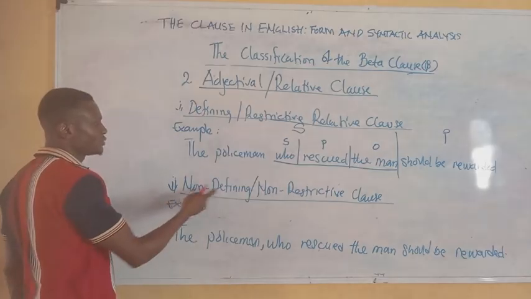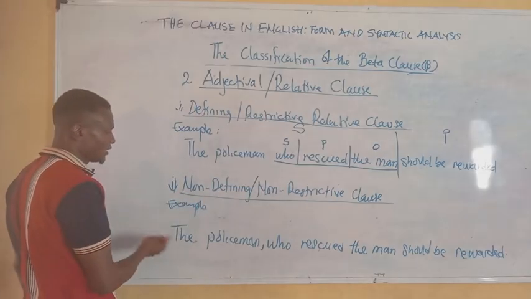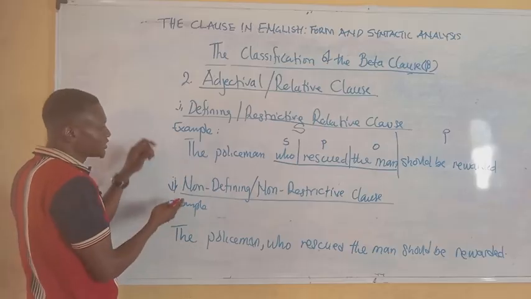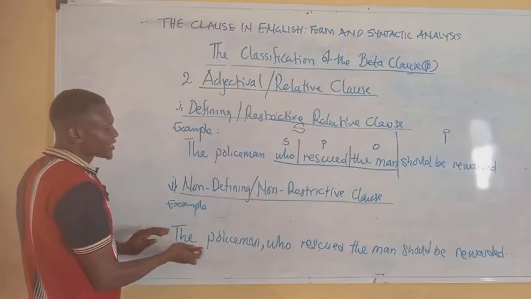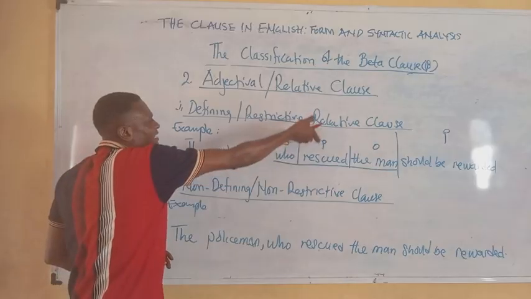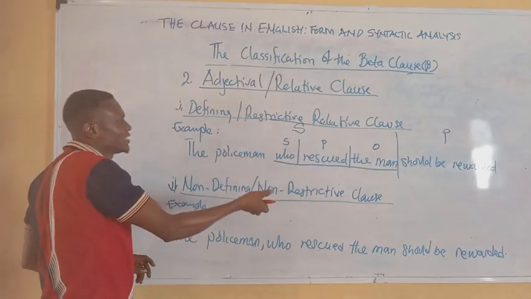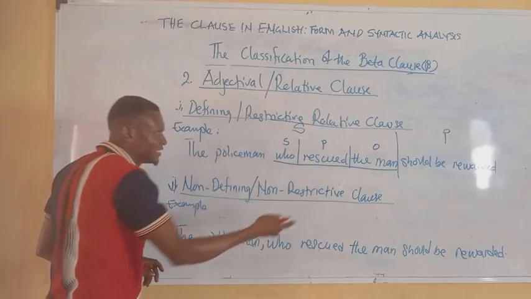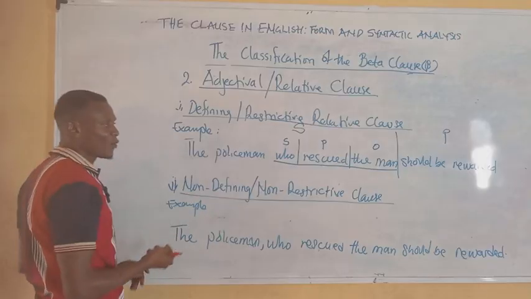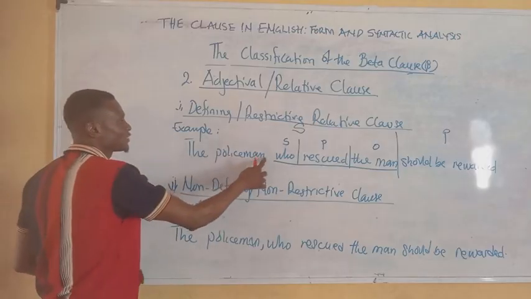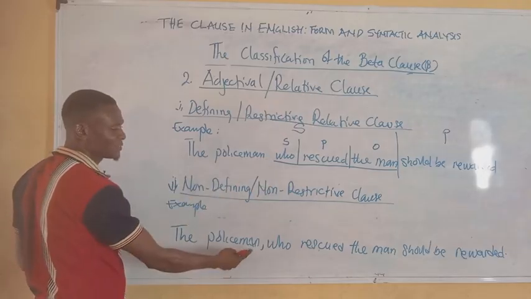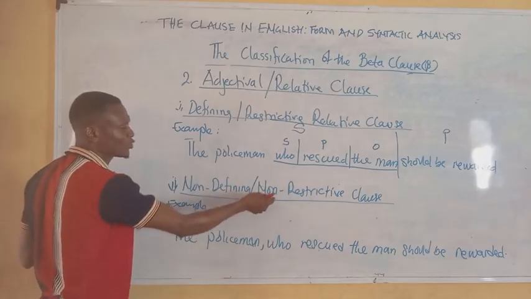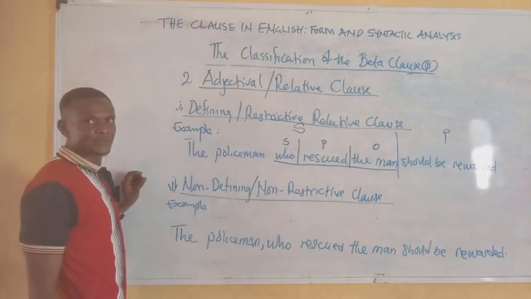The other one is the non-restrictive relative clause. The difference between the restrictive and non-restrictive is that the relative clause in the group of words is not separated with a punctuation mark, a comma. If you look at this place, there is no comma. If you look at this place, there is a comma. The one that has a comma is called non-restrictive.